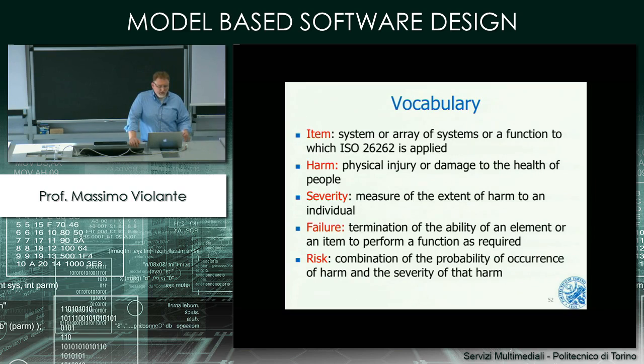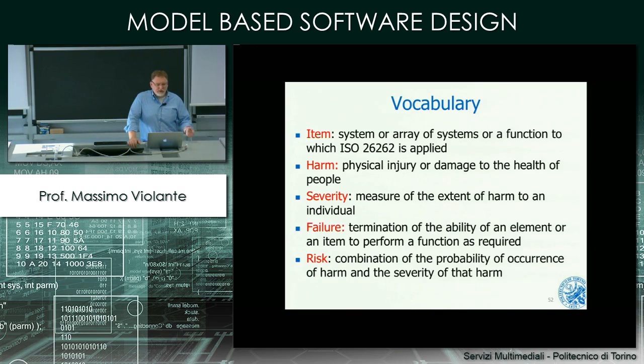Okay, then not all the harms are equal. We are driving at 10 kilometers per hour inside the parking lot, and then we do a wrong maneuver due to a fault in one of the electric systems of my car, and so I hit another car.